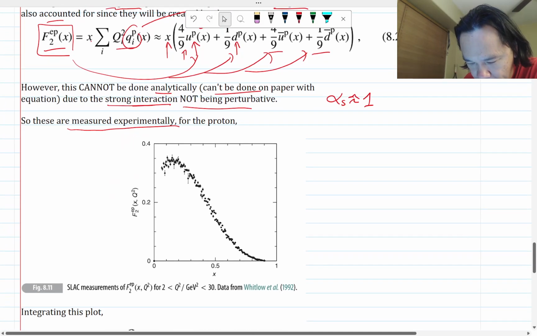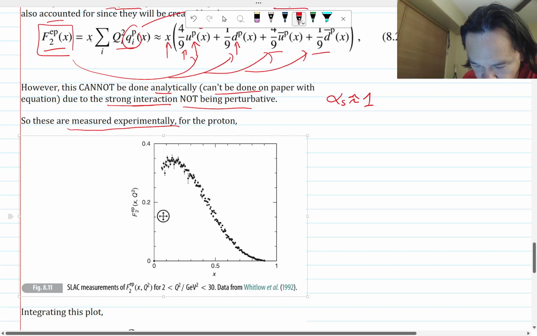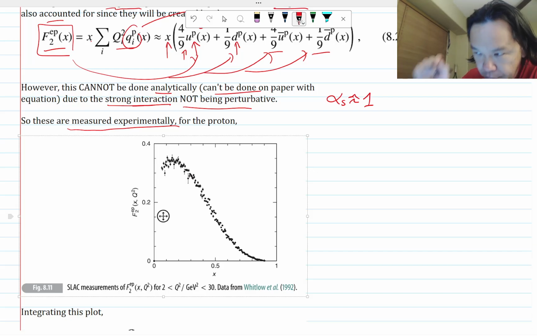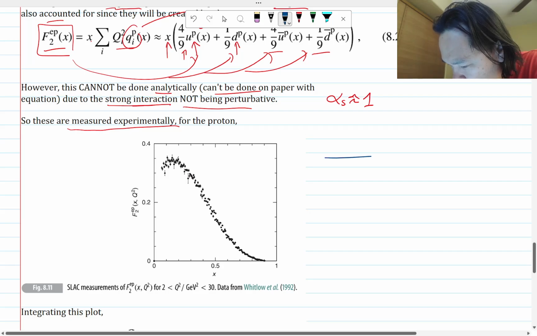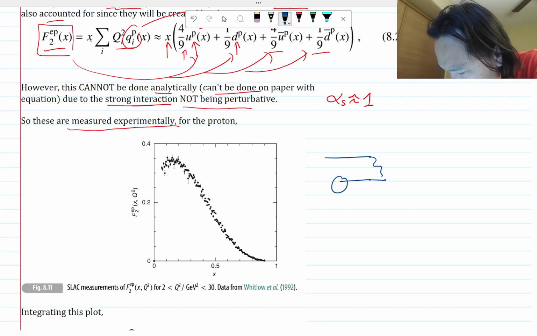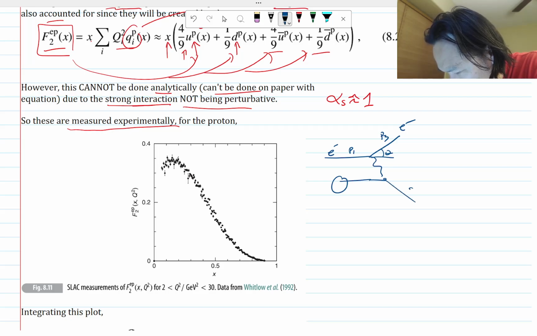For the proton, okay, if you actually have a collider, right? So collide an electron into a proton, with P1, P3, and scattering angle theta, right? You actually never measure this F2.